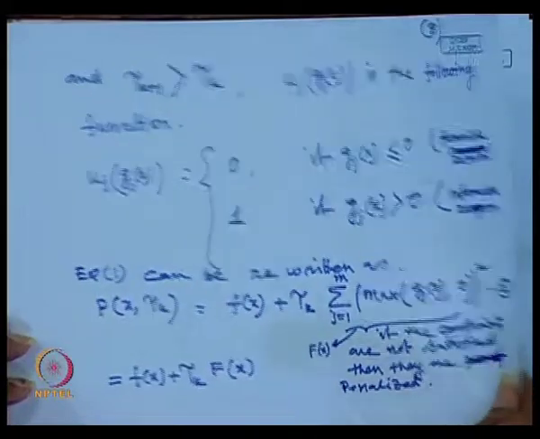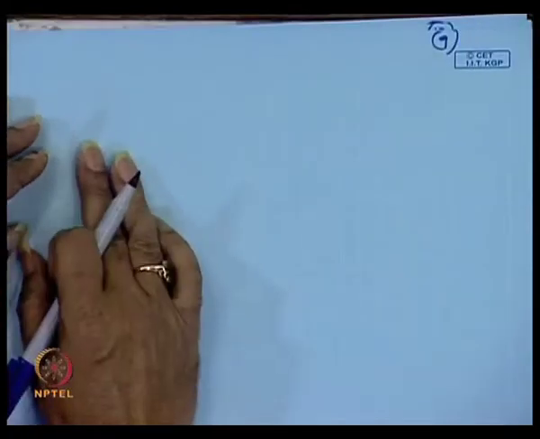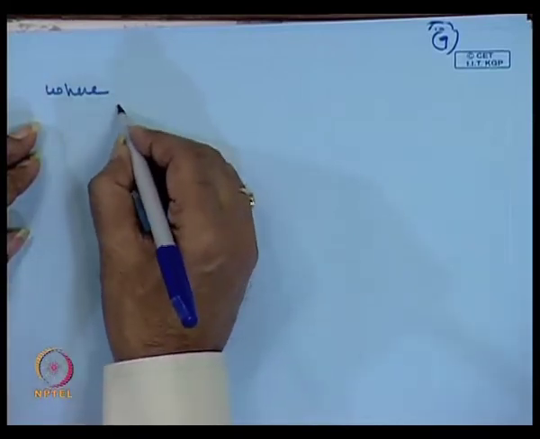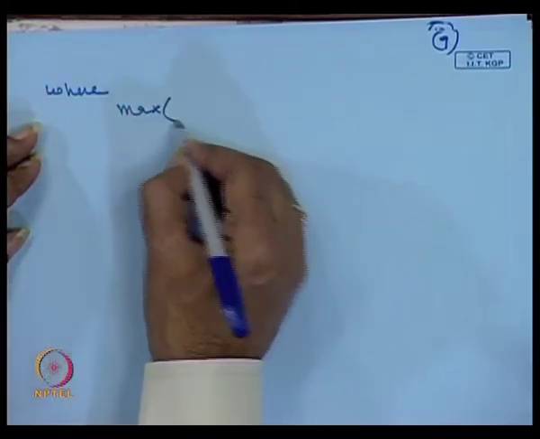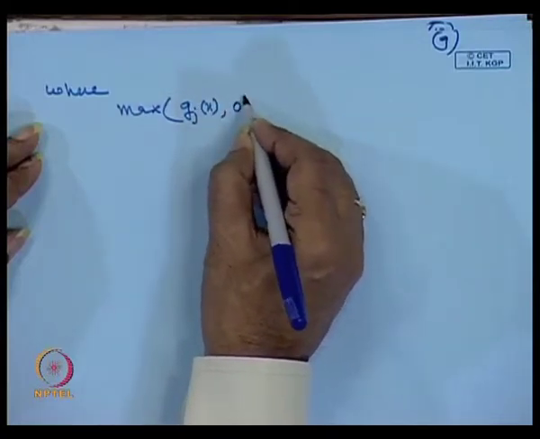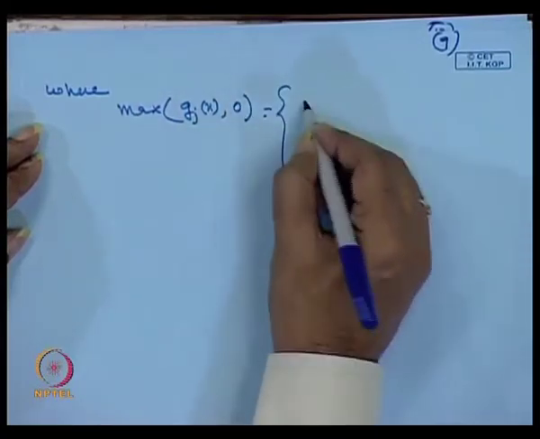So, where I can write max of g_j(x), 0 is equal to 1.